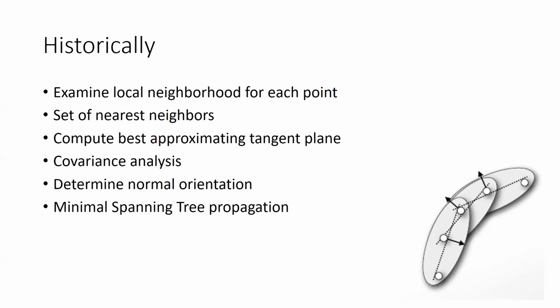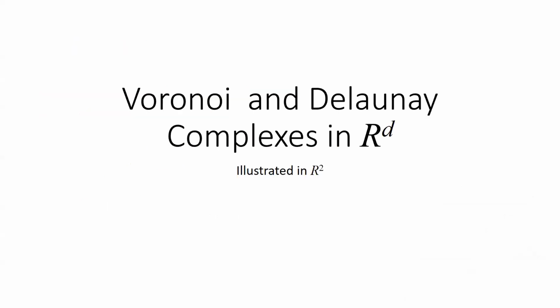We try to compute some values, for example approximate a tangent plane, detect the normals, or use a minimum spanning tree to find local neighborhoods and try to connect them. But today we mainly focus on something called the Voronoi and Delaunay approach. These two concepts are applicable to any dimension, but I will illustrate them in R2, which means two dimensions, first.